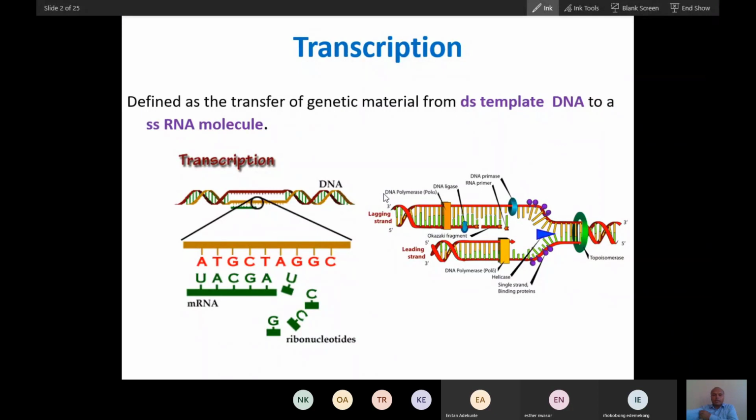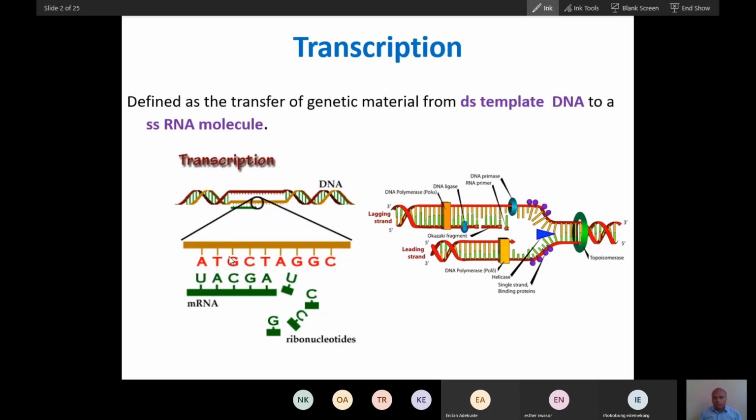The difference between DNA replication and transcription is that replication happens in both the strands. It happens during S phase, in both strands, and the whole complete set of DNA will be duplicated. The end result will be complete duplication. Here a segment of DNA will be transcribed, and within that segment also only one strand will be transcribed.